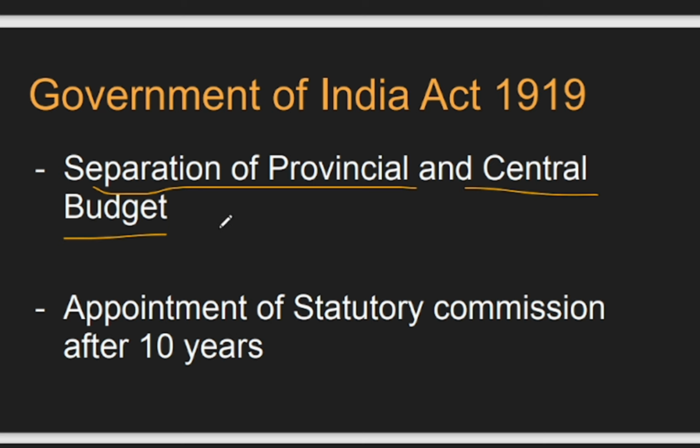So provinces were independent on their budget, and the central government was independent on its own budget. There was independence of budget for government at both levels.